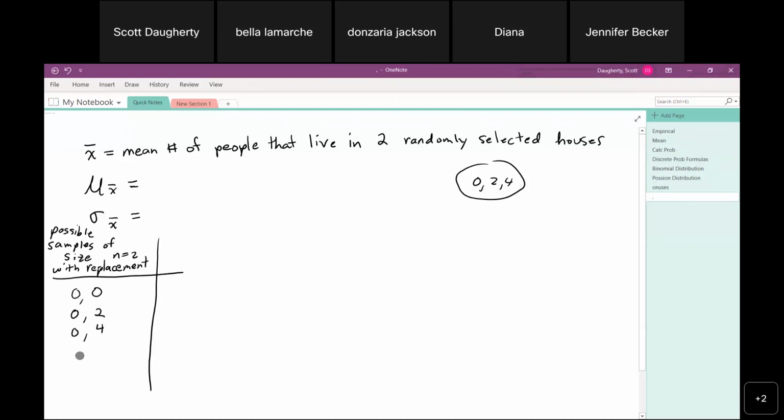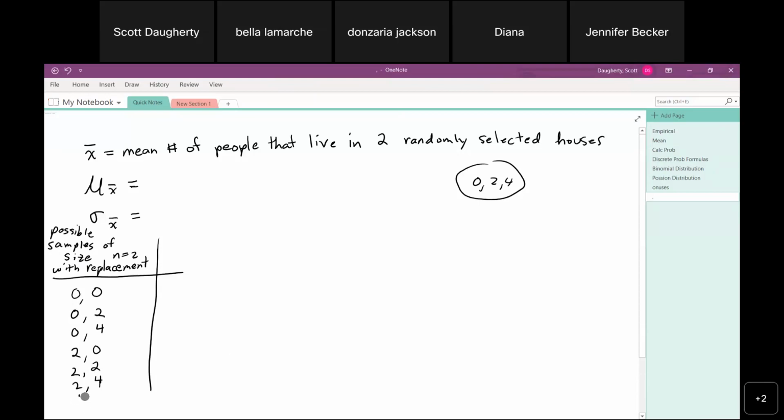Now let's say I pick a 2 first. It's the same sort of pattern. I could pick a 0 next, or a 2 next, or a 4 next, right? And then lastly, I could pick a 4 first. I'm running out of space, unfortunately.